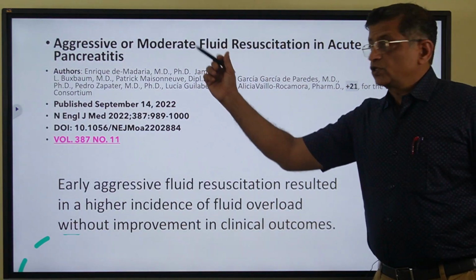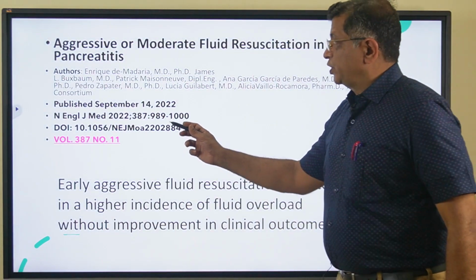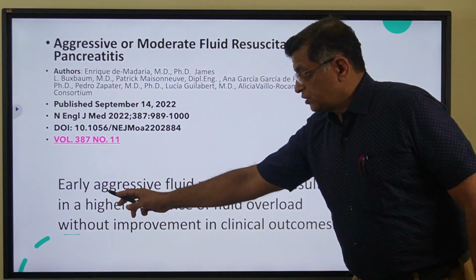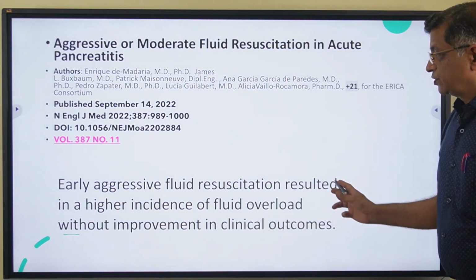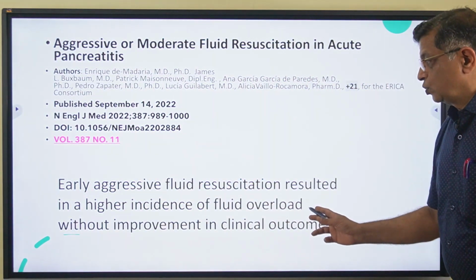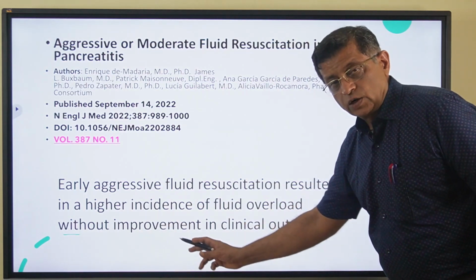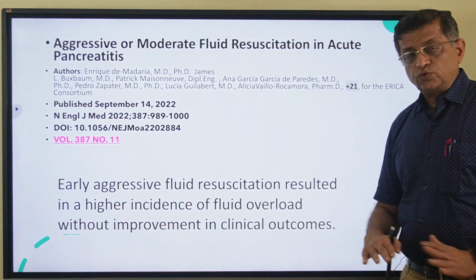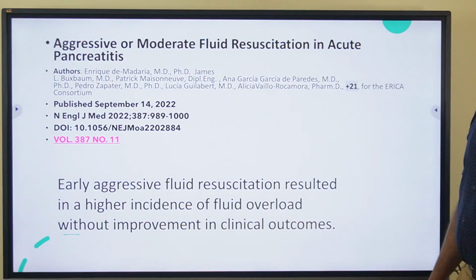This is a recent study from 2022 on aggressive versus moderate fluid resuscitation. The result: early aggressive fluid resuscitation resulted in a higher incidence of fluid overload without improvement in clinical outcome. So the focus has now shifted from aggressive to moderate fluid resuscitation.